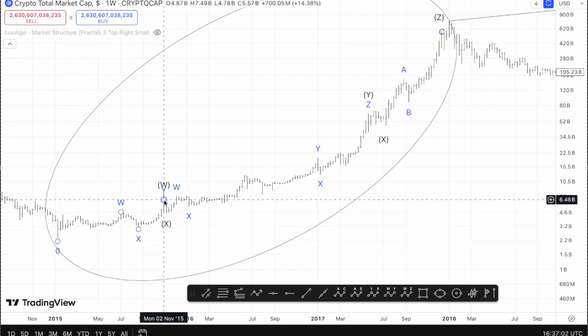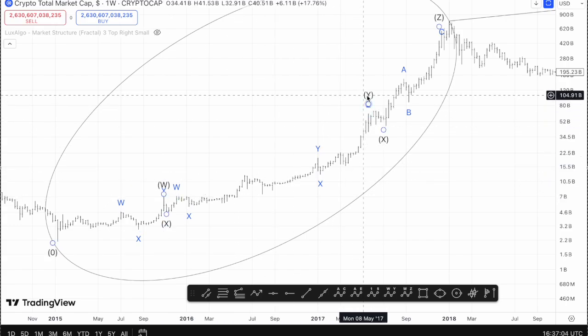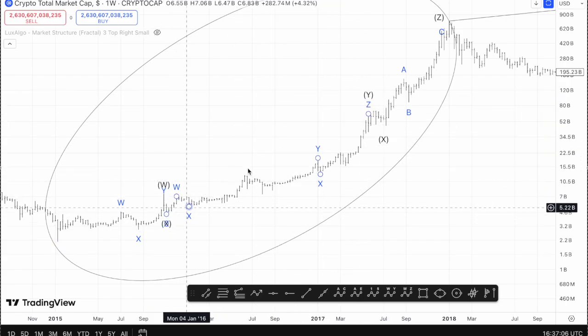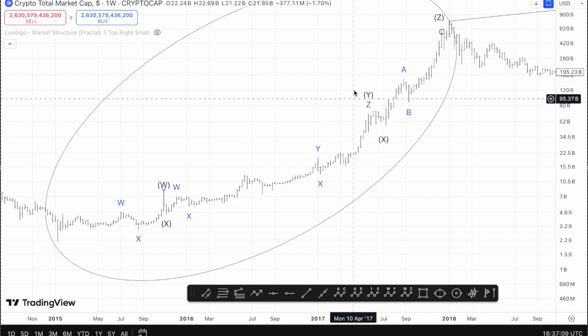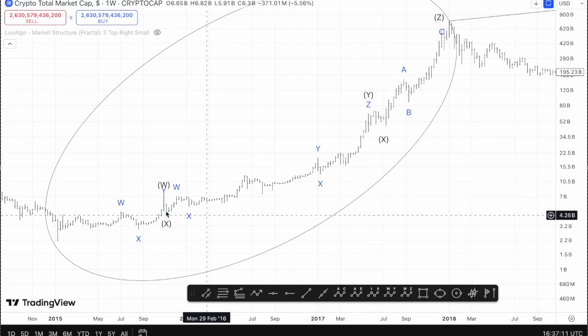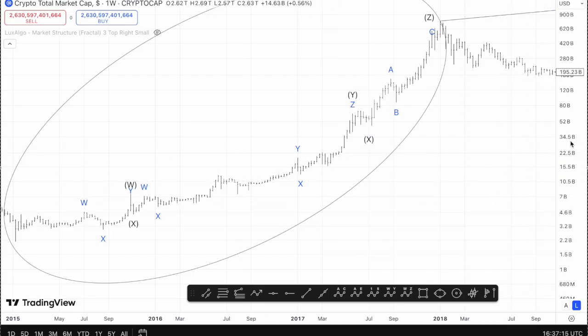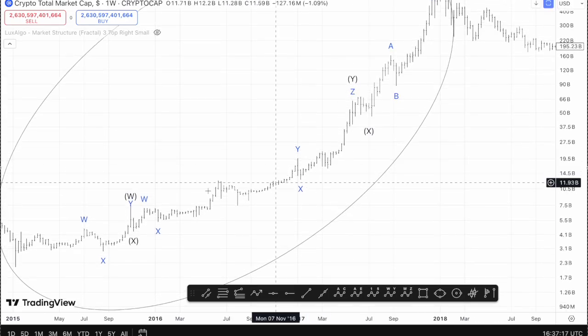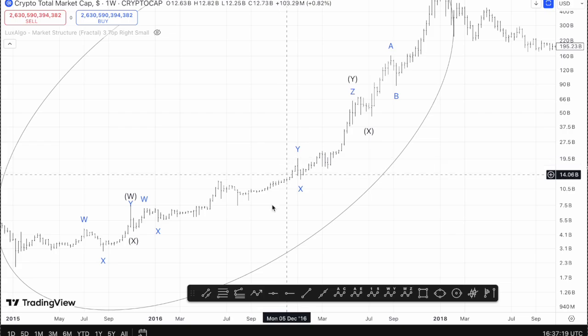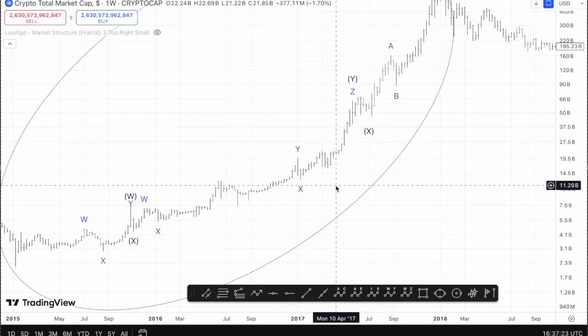It's never a wave 1. The same goes with the second wave. This black Y leg right here also follows a corrective structure. It never looks like an impulsive wave. The overlaps of the candles show it to us.